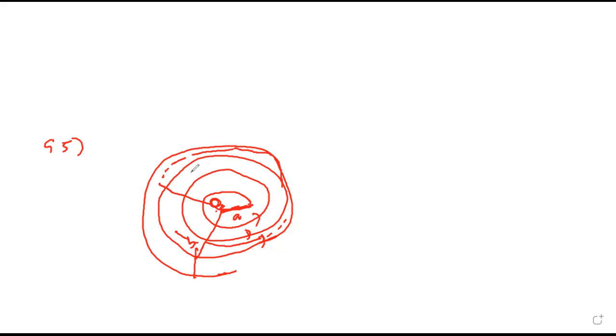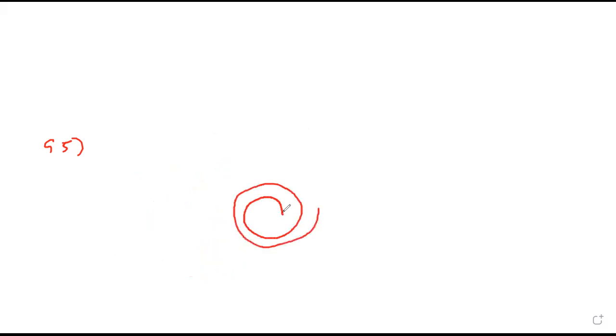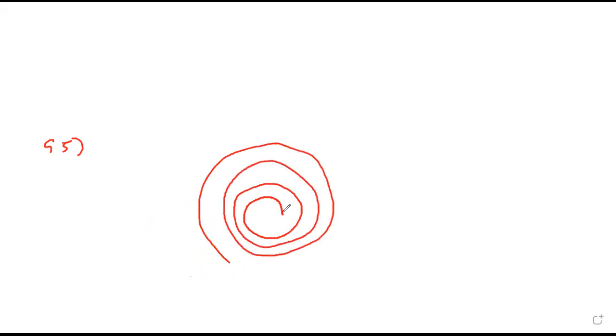And then starting from 1, 2, 3, 4, like this n turns.